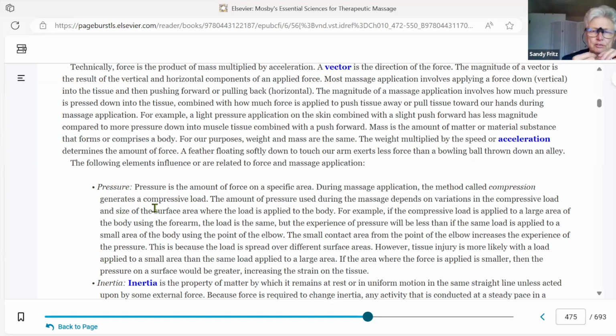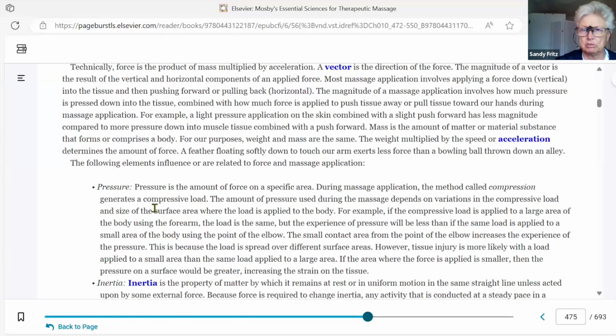by shifting around the amount of pressure or the direction. So a gliding stroke would create a tensional strain.